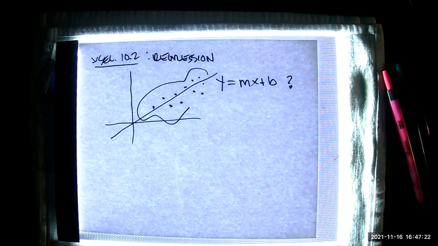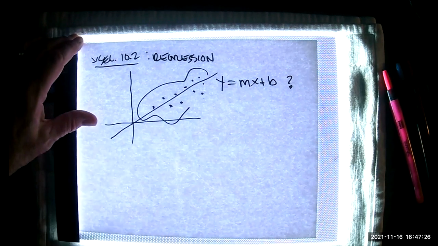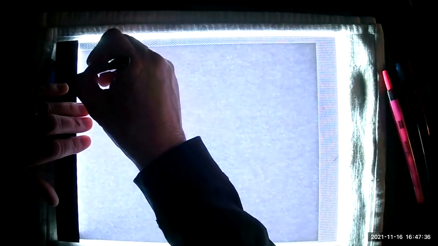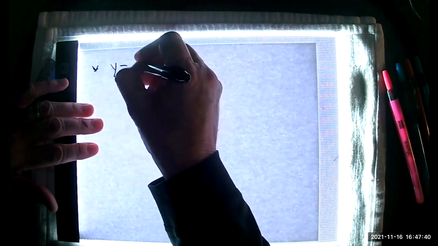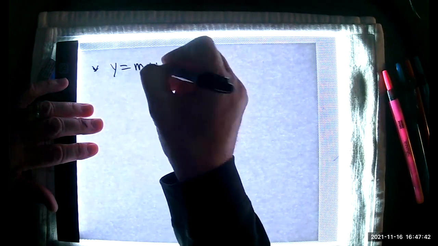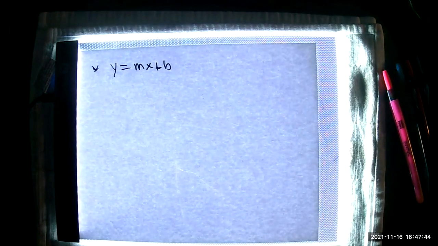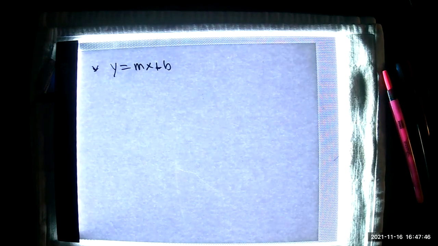Now, before I go any further with the 10.2 material, I want to review a little bit more about our lines. This is where I'm going to end tonight. Y equals mx plus b is what you know from your algebra class.